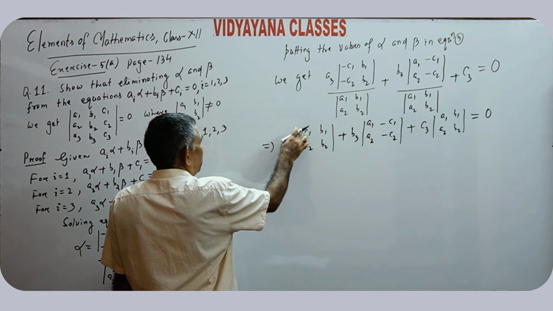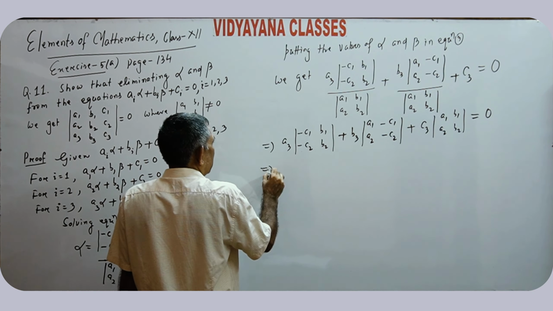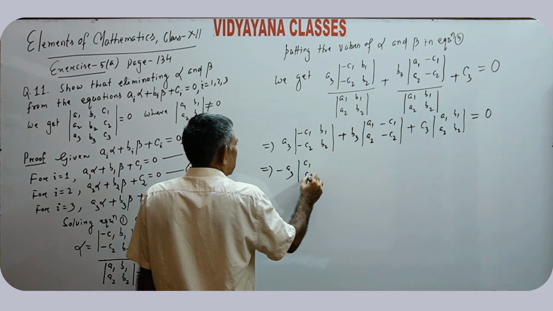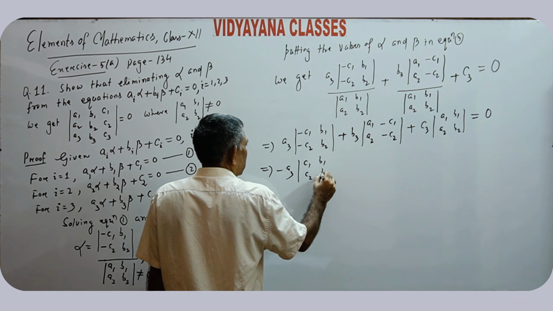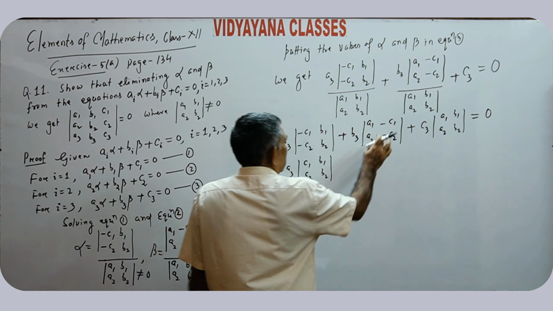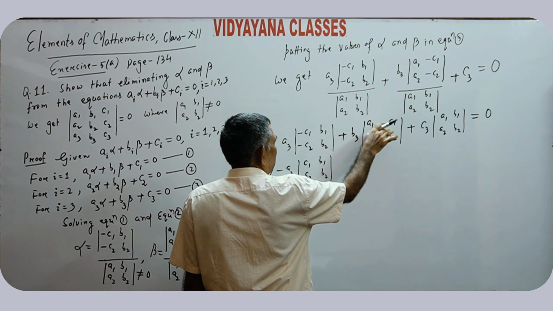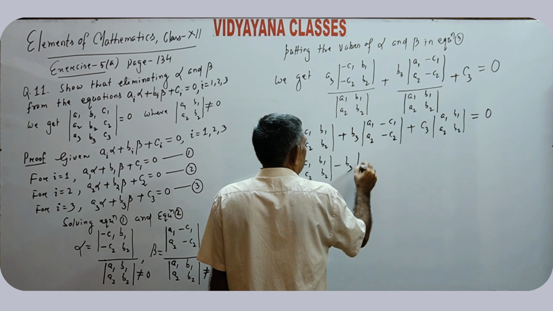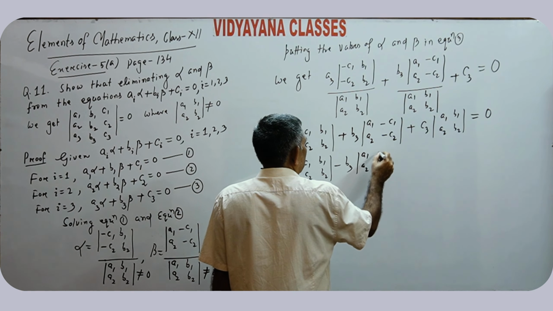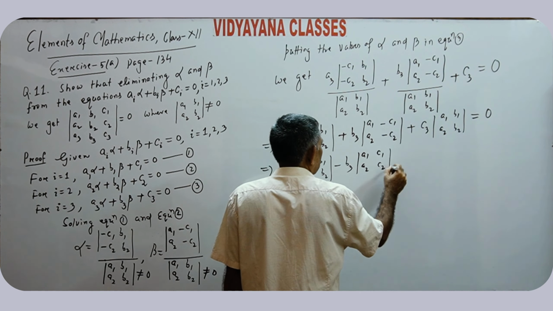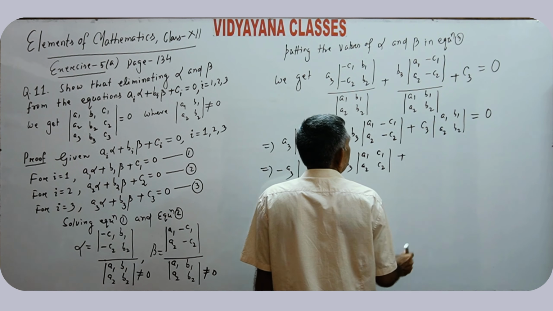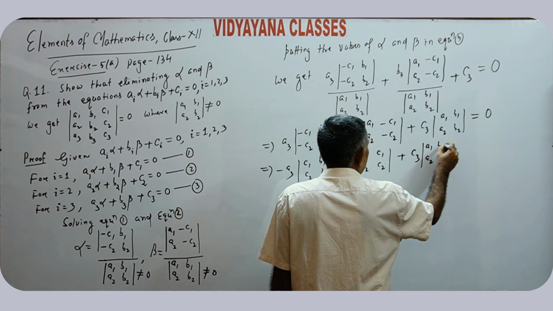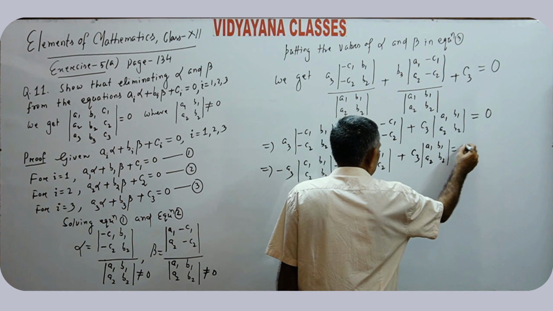Taking minus 1 from column 1, minus A3 C1 C2 B1 B2. Taking minus 1 from column 2, it gives minus B3 A1 A2 C1 C2 plus C3 A1 A2 B1 B2 is equal to 0.